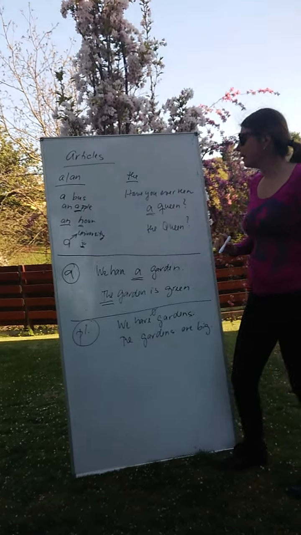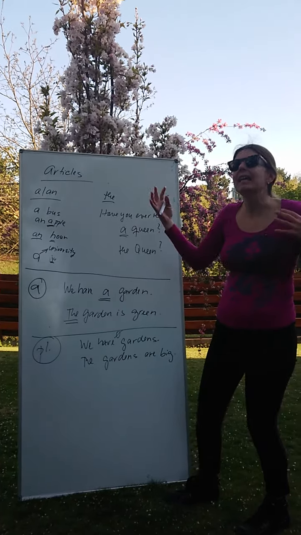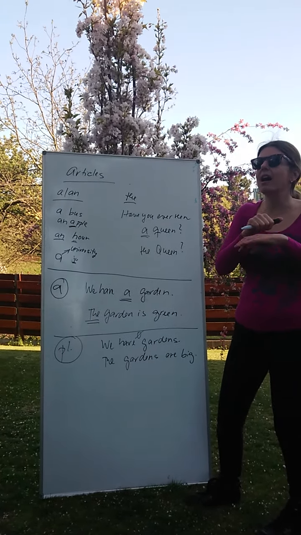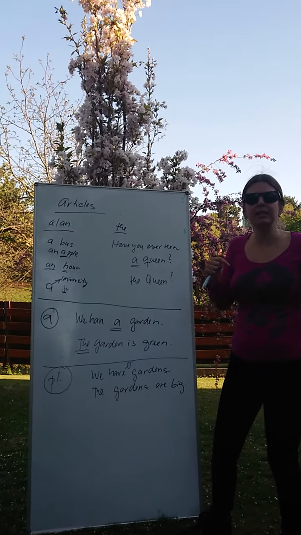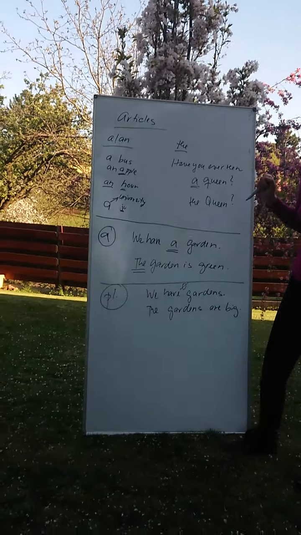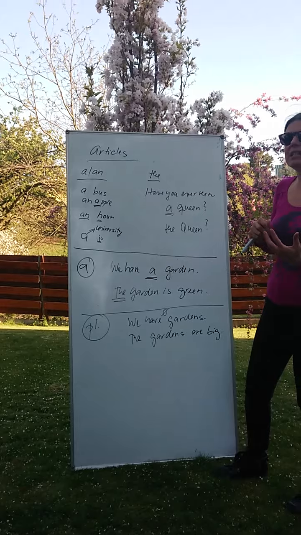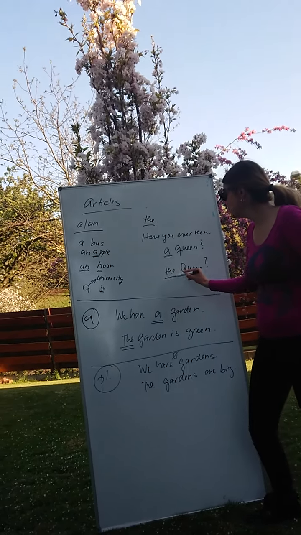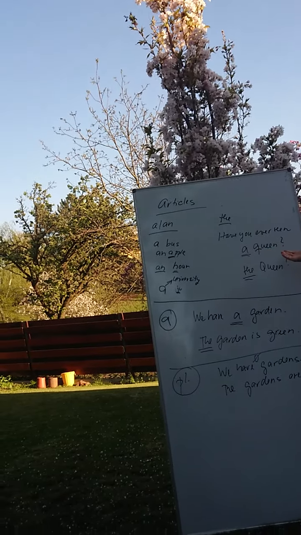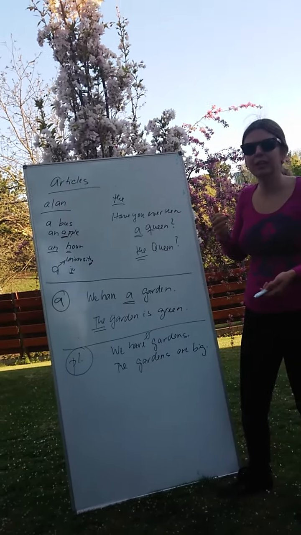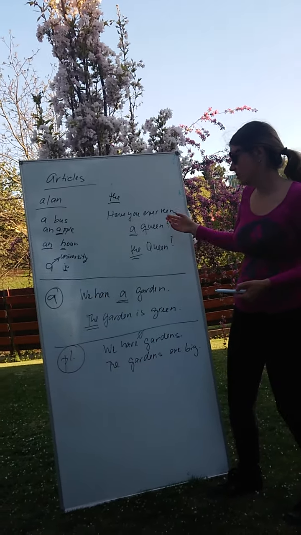When I have this, a queen, it means any kind of queen somewhere. There are 20 different queens in the world, and I'm asking if the person has ever seen any of them. One, like some indefinite queen. Here, when we speak about the queen, we mean one particular queen. Here, probably, logically, it would be the British Queen, Elizabeth II.